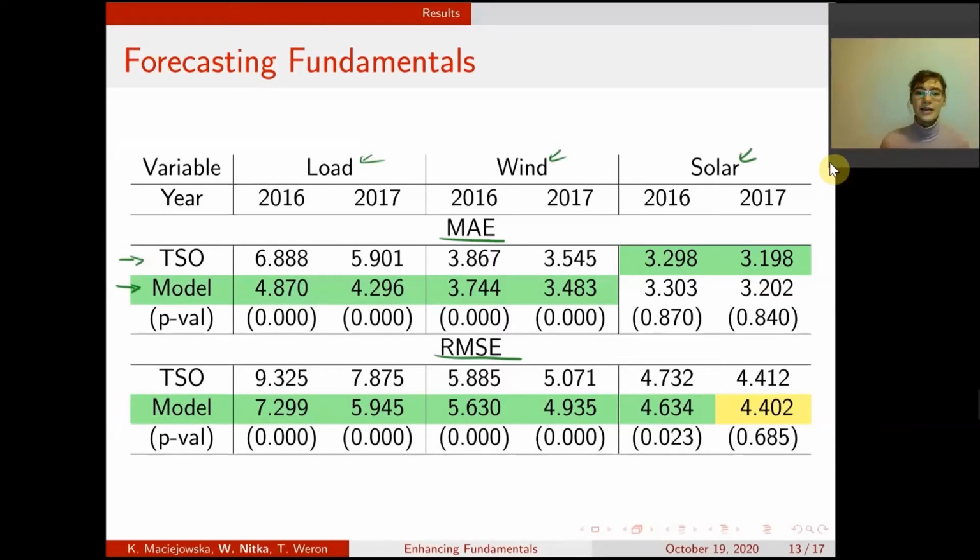This is most visible in the case of the load forecasts, where there is a really vast improvement. However, also the wind forecast notes a statistically significant improvement over the TSO. Slightly worse situation we have for the solar, where in terms of mean absolute error, it does not improve at all, while in terms of root mean square error, the improvement might not be statistically significant. However, the results are quite promising anyway.